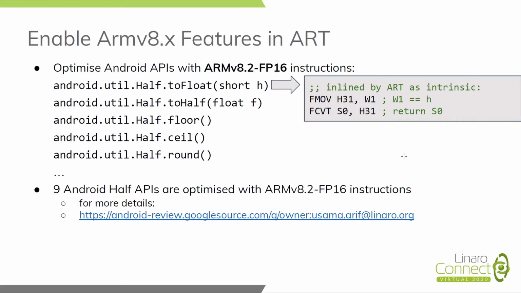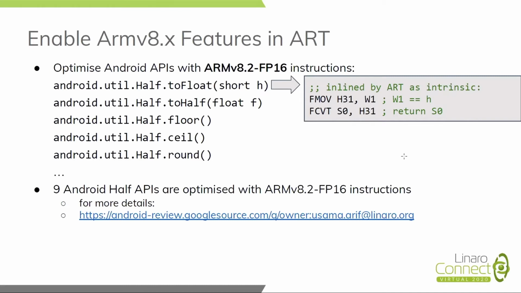So this is done by ART analyzing all the call sites of these Half methods and using intrinsic optimization to inline the calls by using FP16 instructions. This is a significant performance improvement over calling into the Java implementation.